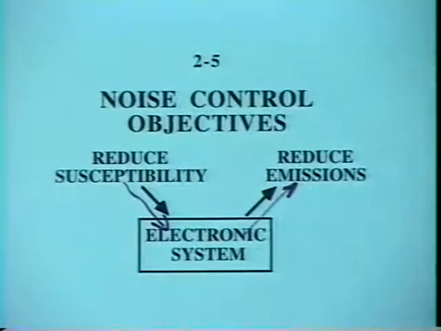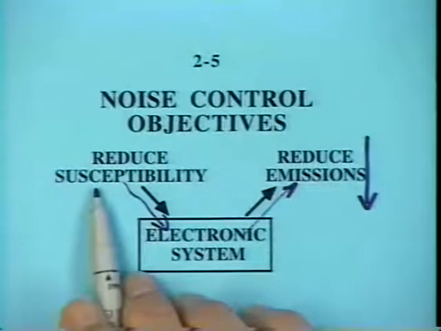Let's say we have a digital clock signal that is causing high-frequency emissions. Let's say we lower the clock voltage from 5 volts to 3.3 volts. If we lower the clock voltage, there's a very good chance we will reduce the emissions produced by that particular circuit. But what do we do to the susceptibility? Well, now we have a noise margin that is less at 3.3 volts.